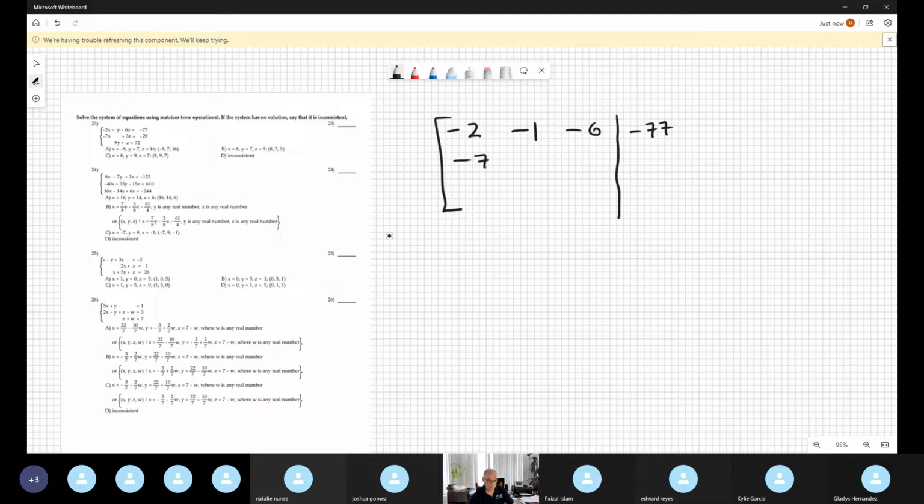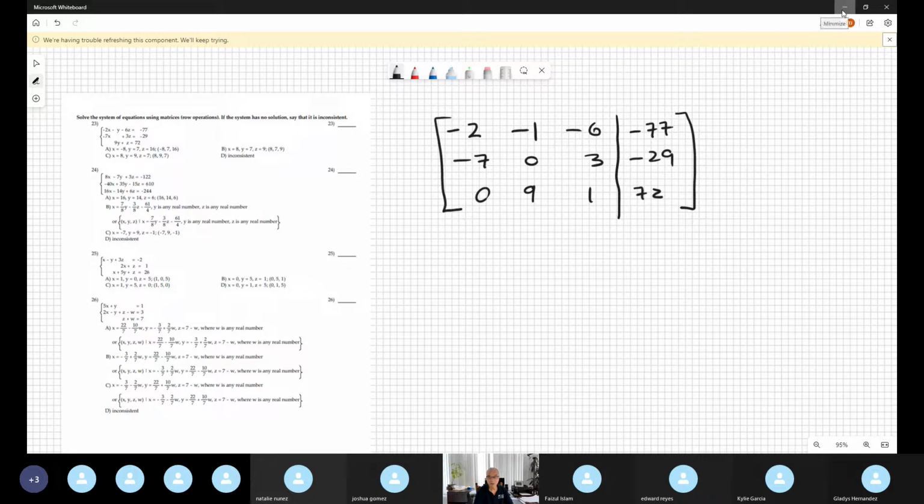Then negative 7, 0, 3, negative 29. We have 0, 9, 1, and 72. Be careful, guys, because some variable is missing. In the first equation, nothing is missing, but in the second, Y is missing, and in the third one, C is missing, right?